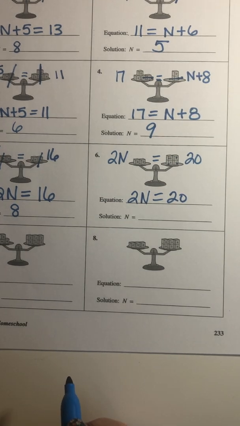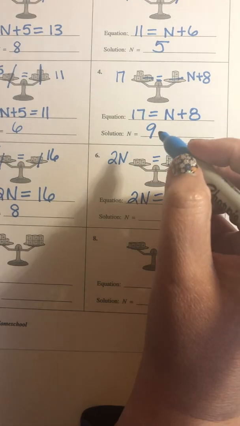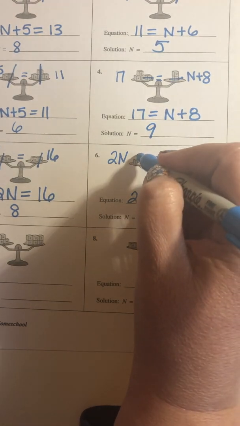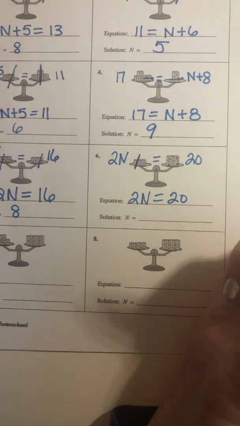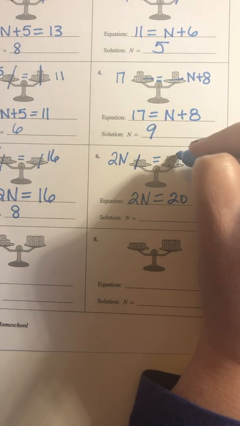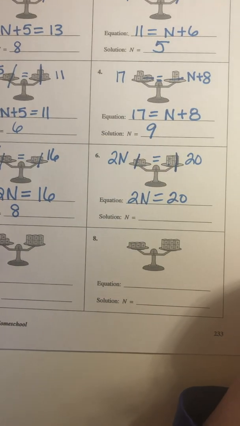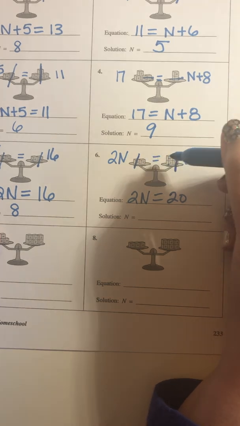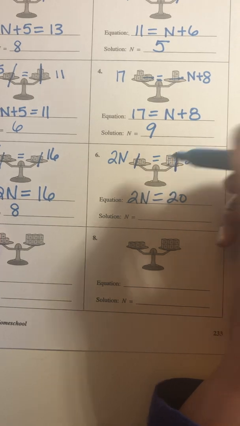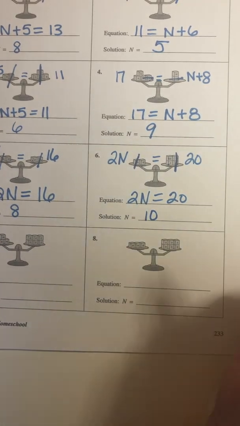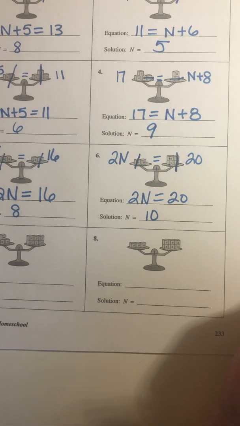So now I have to find out how much each n weighs. If I remove half of the weight of the blocks from over here, I have to remove half of the blocks from over there. And I would say n equals what's left, which is 5, because 5 plus 5 is 10.